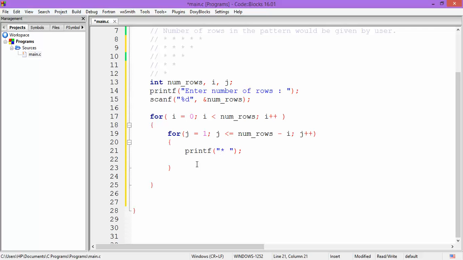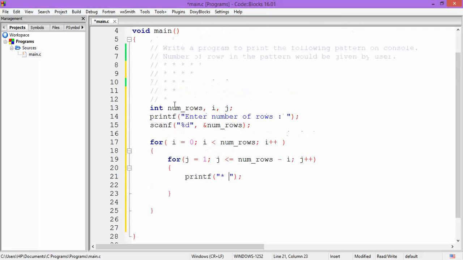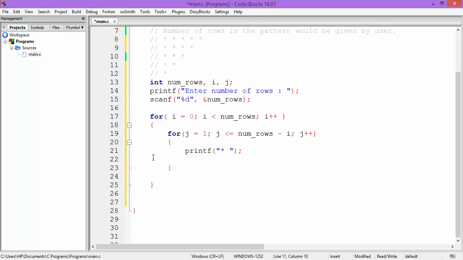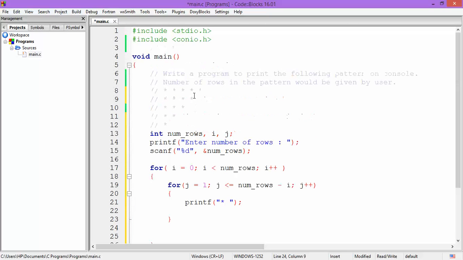So we have written an asterisk followed by a space, because every asterisk is followed by a space in the pattern. Now after a row is printed, we are going to print a line feed. After every row there is a line feed, so we need to bring the cursor down to the next row.